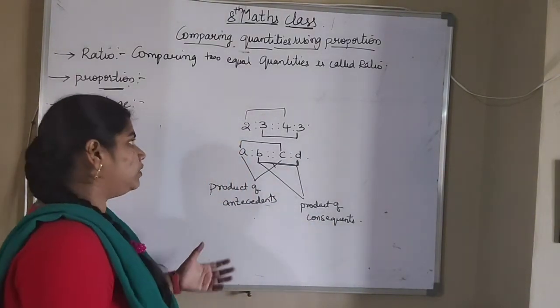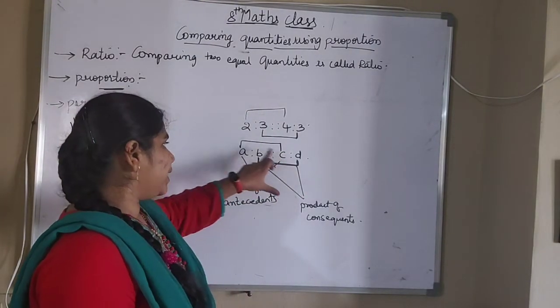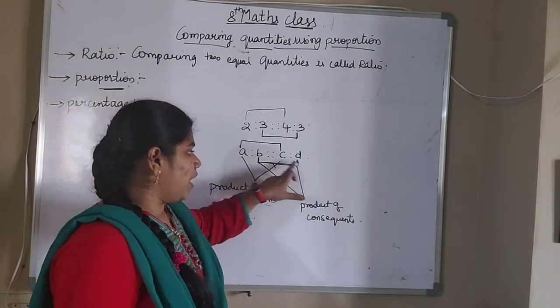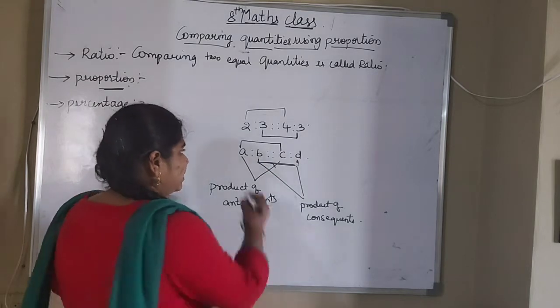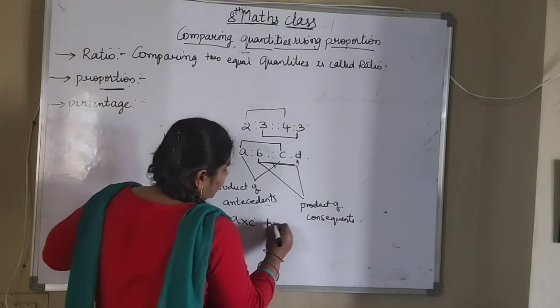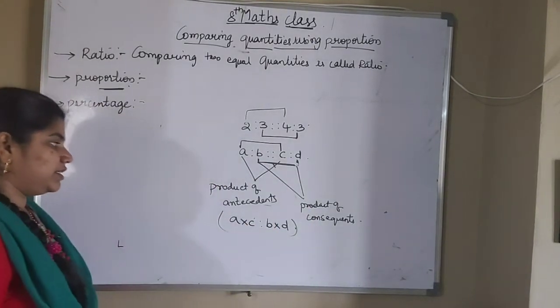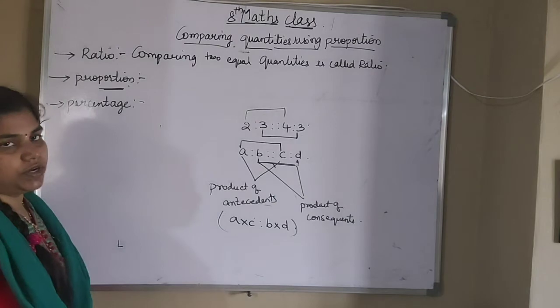How to convert this double ratio into a single ratio? We just multiply the antecedents and also multiply the consequents. That means we can write A into C is to B into D. So product of antecedents is to product of consequents.